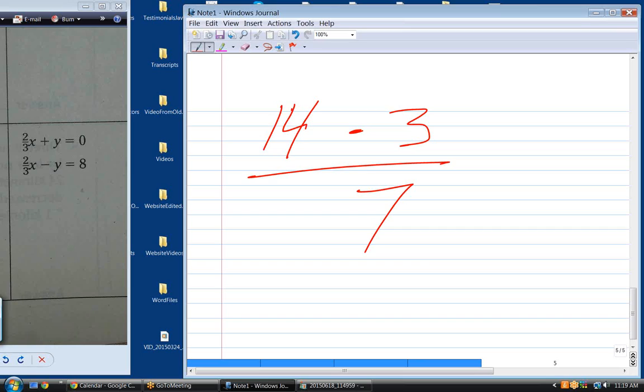Don't do it that way. When you do it that way, you bring in a big number, 42, into the problem that doesn't need to be in there. What is this? That is 2. Yeah. So the problem is 2 times 3.